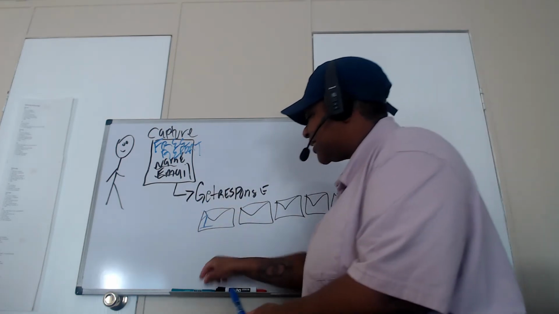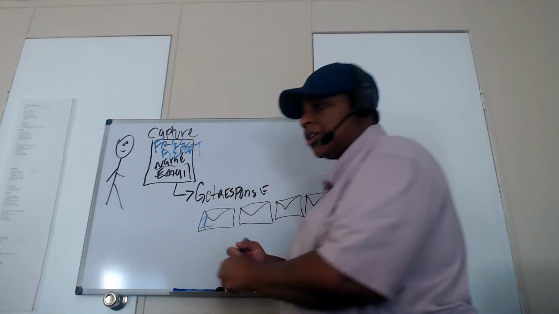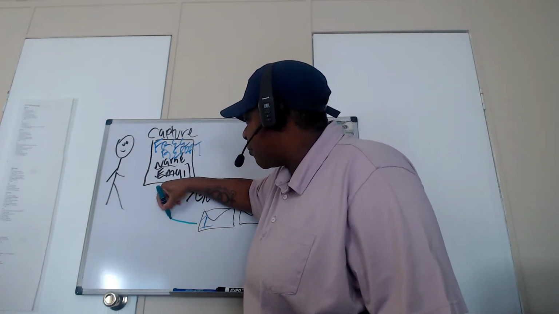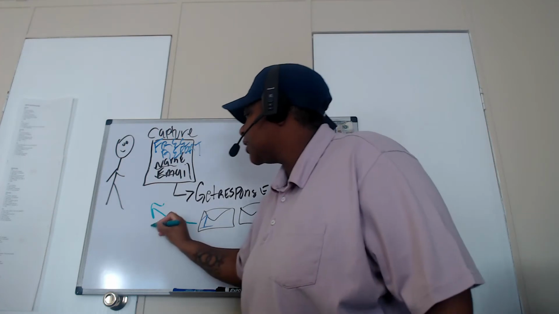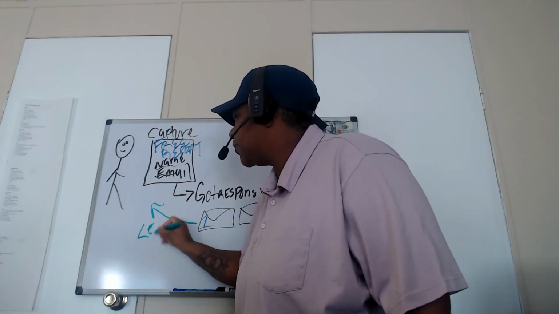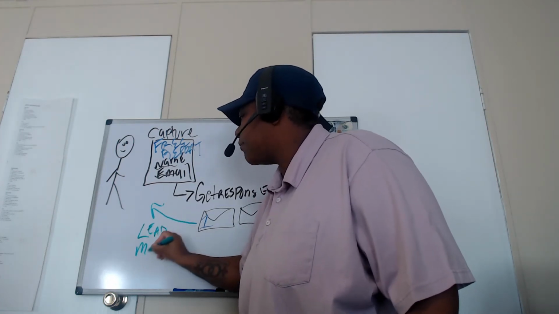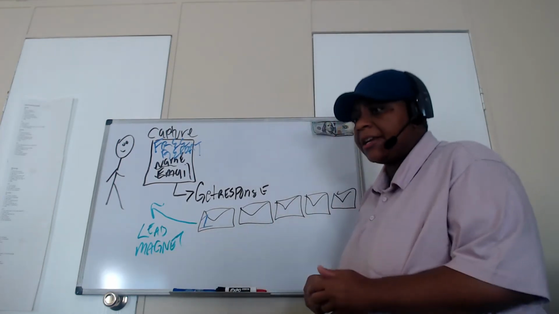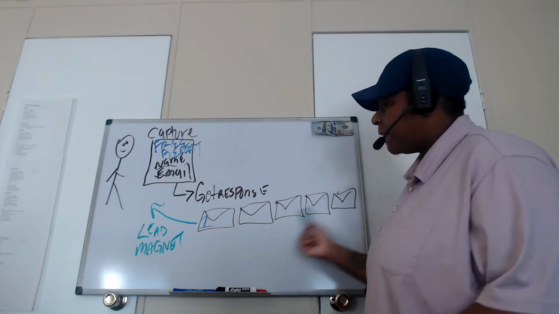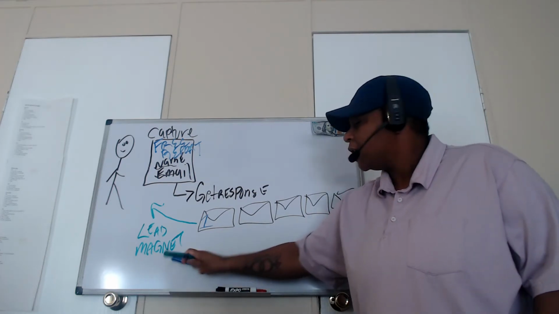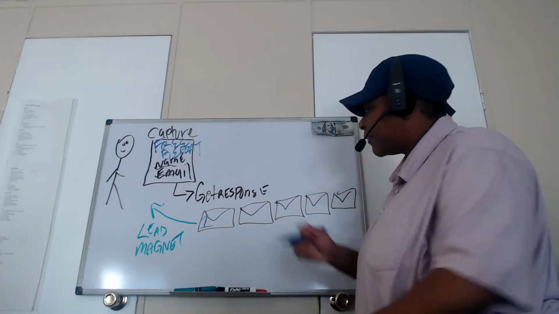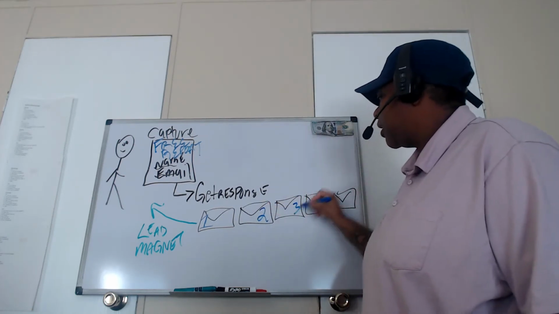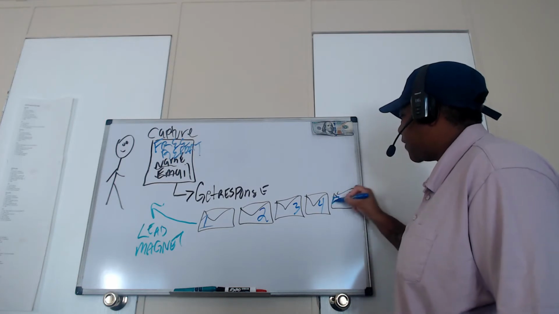It's going to deliver that free report to them. In our example, we're going to have a 5 email series, because that's a good number to roll with. Having 5 emails written out is a good number to roll with. 1, 2, 3, 4, and 5.